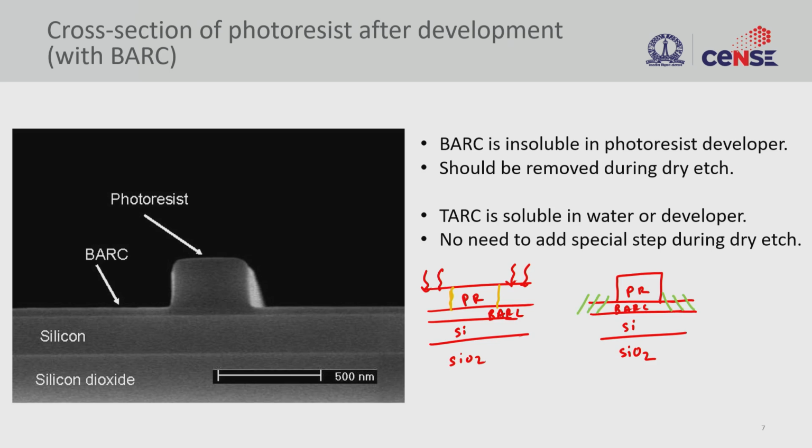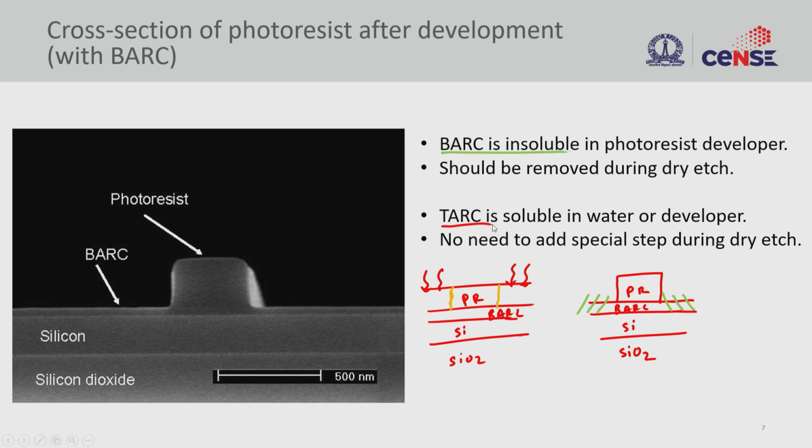So, normally a BARC breakthrough, right, a BARC removal step is applied before doing silicon etch. This can be done in one sequence. You don't need a special step. This is part of the silicon etch process itself, right. So, the problem here is this BARC layer is insoluble in photoresist developer, right. Okay.